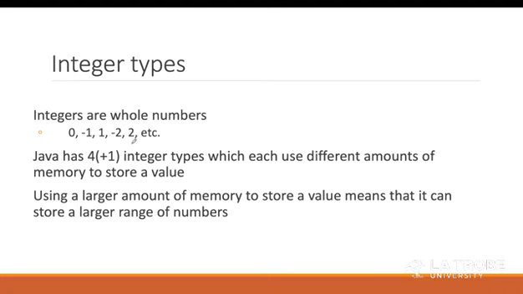Java has 4+1 integer types which you can use for different amounts of memory to store a value. The larger the value, the larger the amount of memory that will be used, and vice versa. Using a larger amount of memory means that it can store a larger number of values.